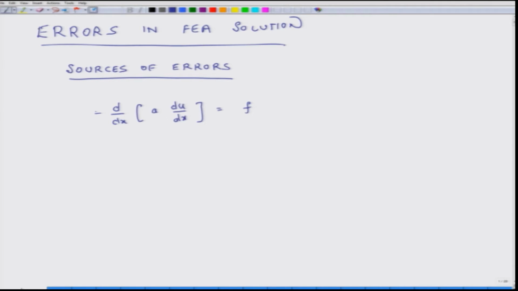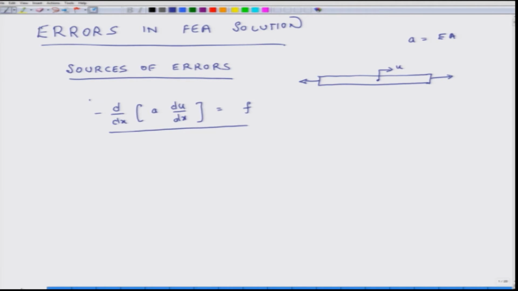One thing this can represent is a bar that you are pulling like this, where I am interested in finding the displacement u. Here A is Young's modulus of the material and the cross section of the material at a particular cross section.